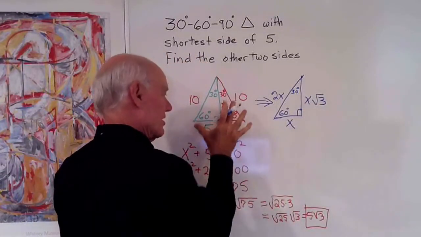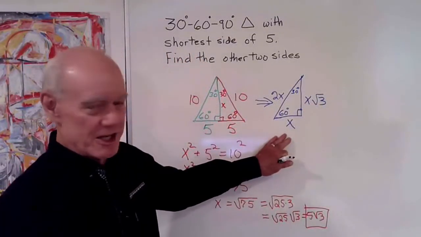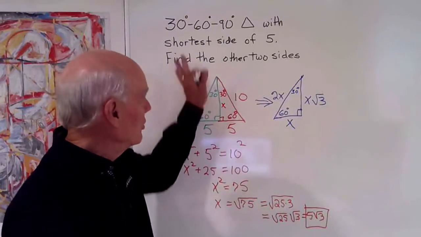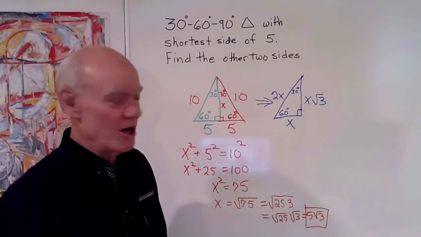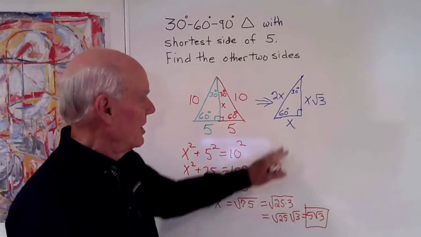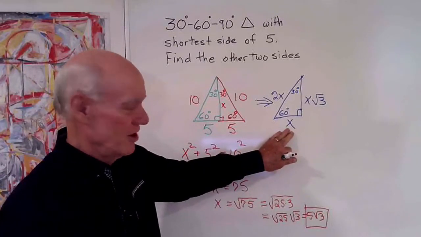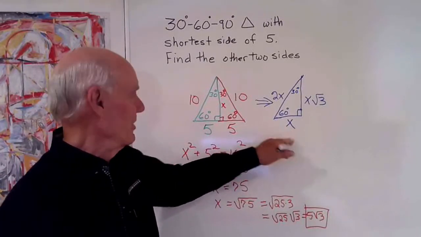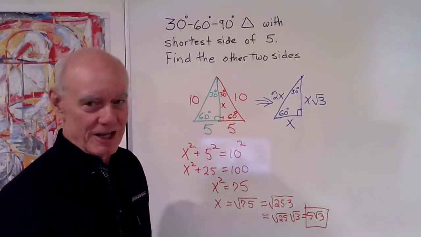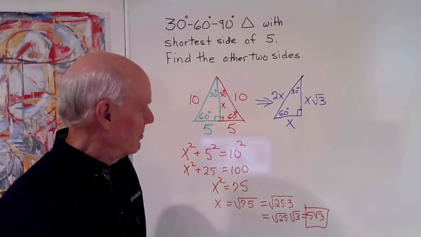So that's the little method that we use to generalize this right here. We're going to use these 30, 60, 90 degree triangles a whole bunch in this class, so it's good if you know this relationship. But look, even if you don't know that relationship, you can derive it yourself like this. So the problem's very doable.